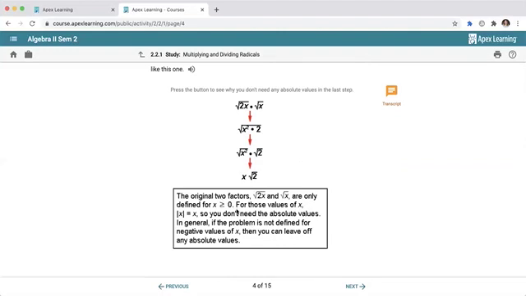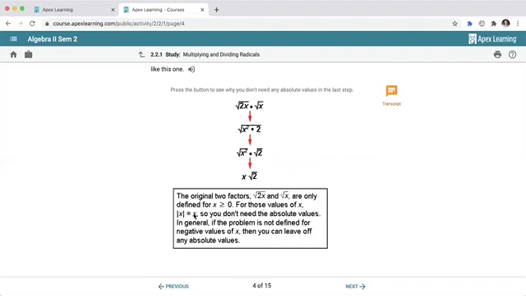it says that is the original two factors, the square root of 2x and x, are only defined for x greater than 0. So those values of x have to be positive, is basically what it's saying here.